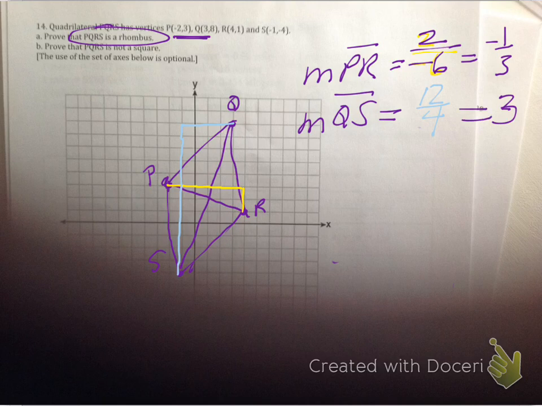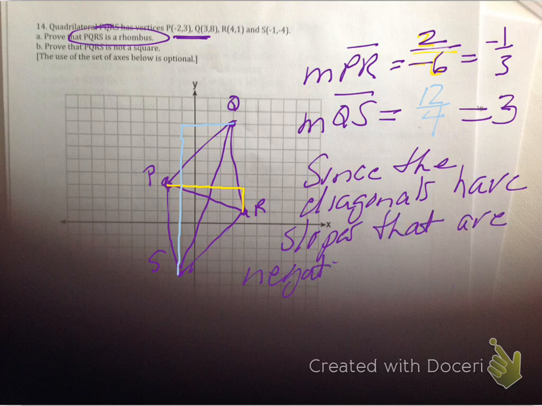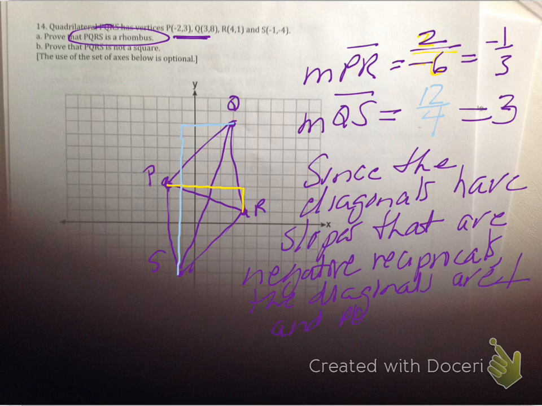Then you would say, since the diagonals have slopes that are negative reciprocals, the diagonals are perpendicular, and PQRS is a rhombus. Okay, so that's how we're going to prove a rhombus.